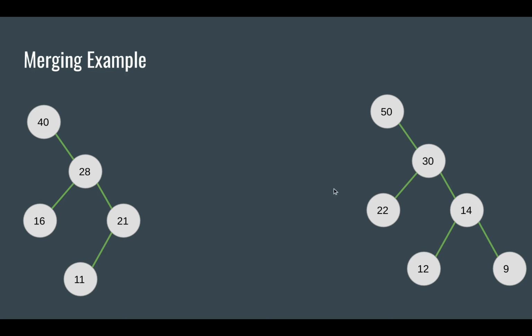Here we can see an example. There are two weak heaps here. If we want to merge these two weak heaps, first we have to find the largest root. Here you can see the largest root is 50 and the second largest root is 40. So we make 50 the root of the merged tree. Second, we make this tree the right child of 50.